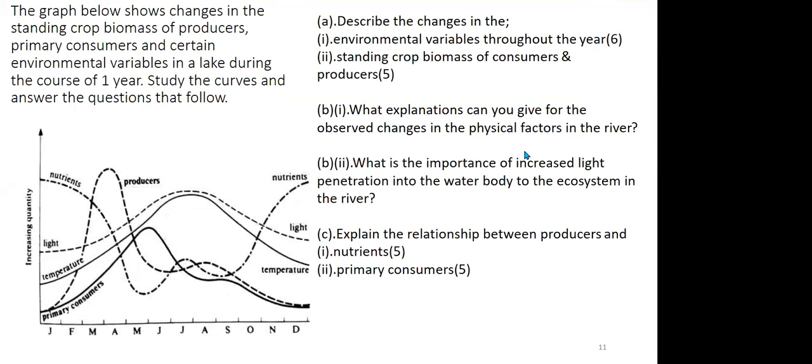So when we look at these two variables, like you have rightly identified light and temperature as the environmental variables, we notice that from January to about July, we see there is a gradual increase in the temperature, and we notice that between July and August the temperature remains almost constant.